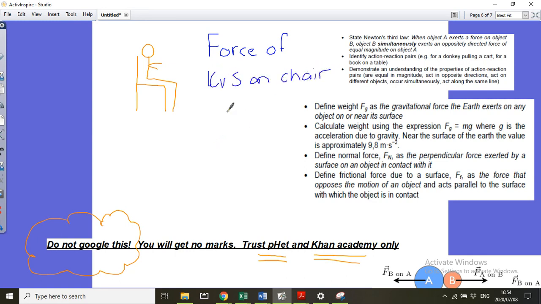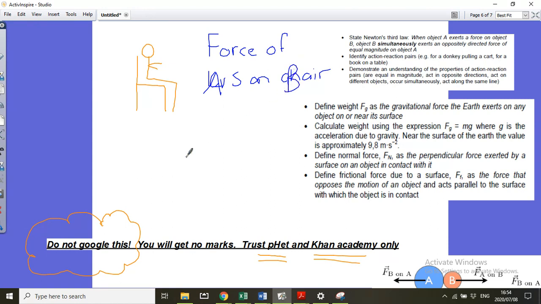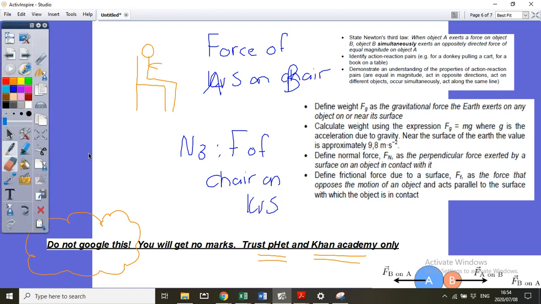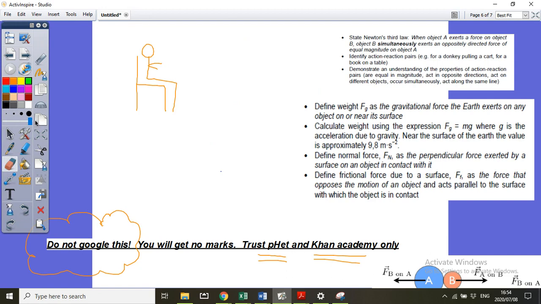That's way too simple, because all you're going to say, this is object A, this is object B, and you're going to say the Newton 3 pair is going to be the force of the chair on kVs. So, yeah, as you can see, I'm not going to ask you that. I don't think anyone will. That is why we use this as a chance to check your definition.